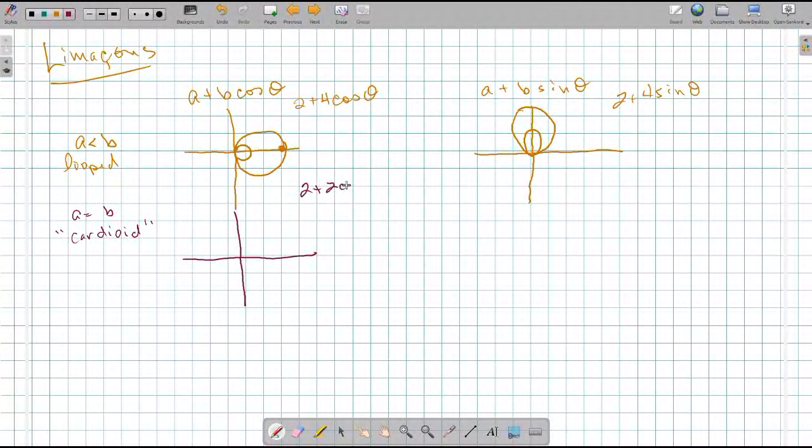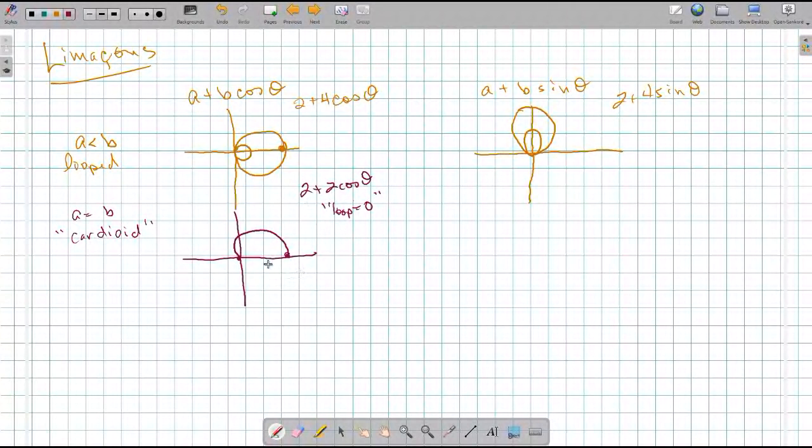And so what I see for this situation, if I was to have something like 2 plus 2 cosine theta, is that I'm going to start out at 2 plus 2, which is 4. But my graph actually ends up coming to here, because for the loop part, it's 0.